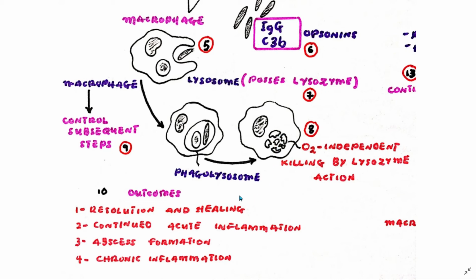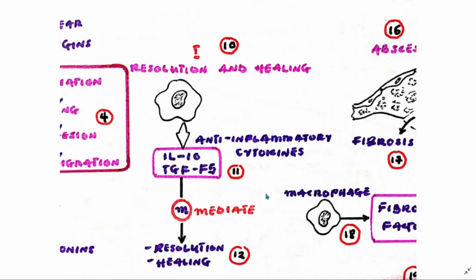Now, macrophages further manage the next steps of the inflammatory process. There are a few outcomes of the macrophage activity, and these include, number 1, resolution and healing. Over here, anti-inflammatory cytokines such as interleukin-10 and transforming growth factor beta are produced by the macrophages.